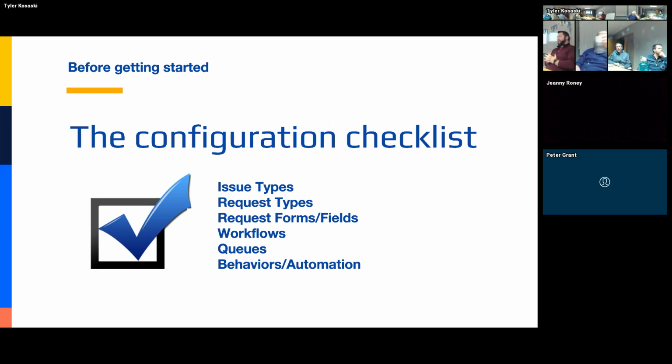And then the final question that I always like to ask is what kind of behaviors and automation can we build into this project? Now, this last question is one I don't like to focus on too much. Every team that I've talked with has said to me, usually this person manages the tickets, or this group of people gets assigned this type of ticket.